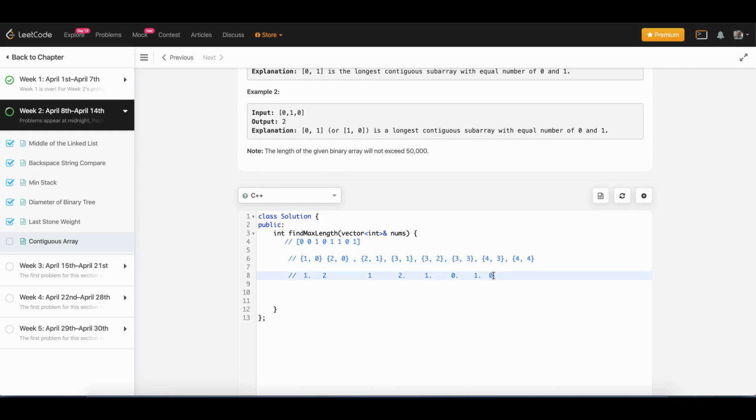Now for the 0 case we can consider there is another value over here so that we can get the full length from the beginning, because this is valid and there is no previous difference recorded.